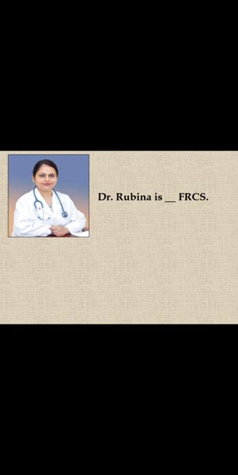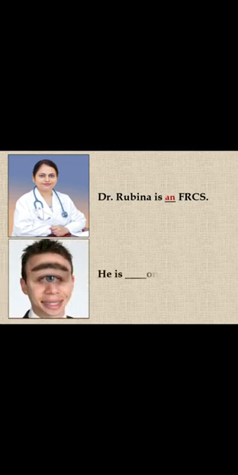Dr. Rubina is dash FRCS. F. So I think you can answer it. First of all, you will pause this video and tell the answer. Then you will match with my answer. Dr. Rubina is an FRCS. Yes. He is dash one-eyed boy. So here the vowel is pronounced like wa. So here must be a instead of n.